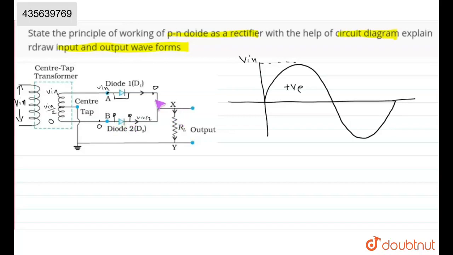So at the output, this is short circuited, so V in will flow, here we will have V in, and from here we will get V in by 2. If we draw the output waveform here, then the output will be half of input.